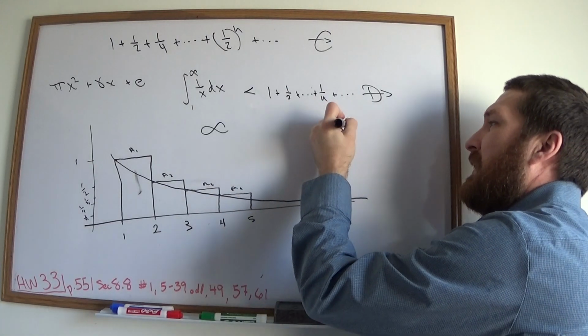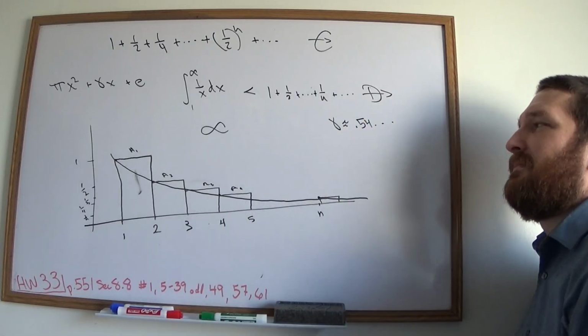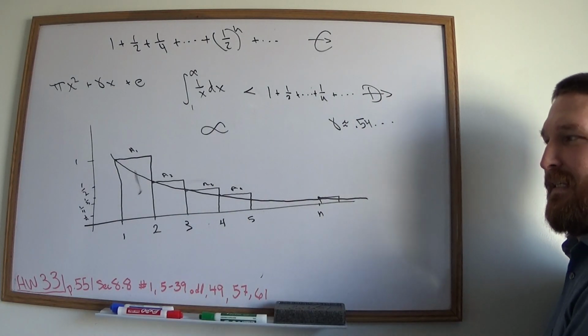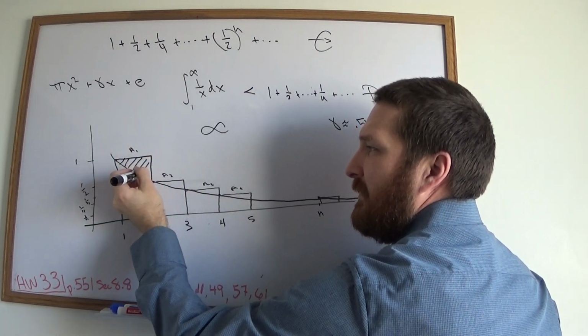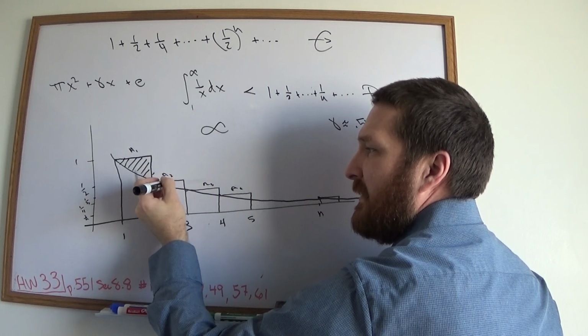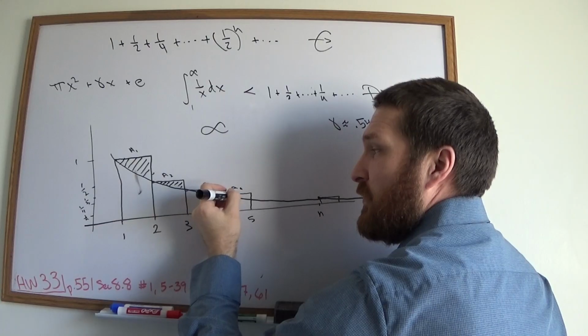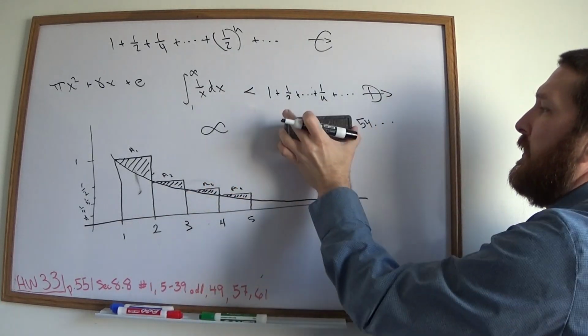Gamma is this area. If you add up all of these guys here, this area turns out to converge. And so how do we compute that area?